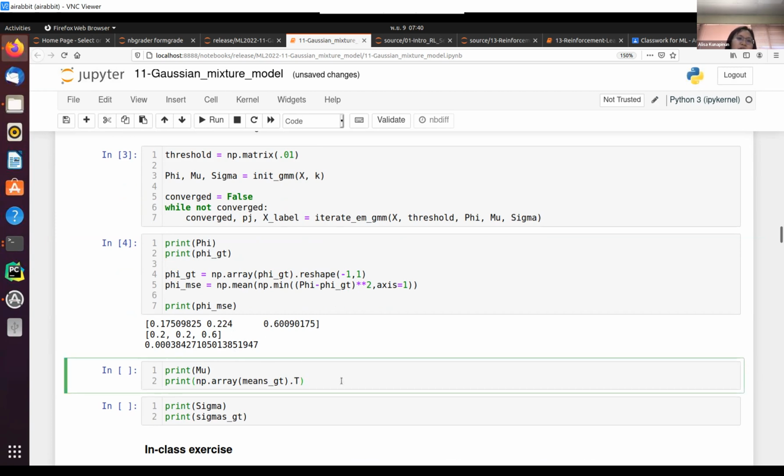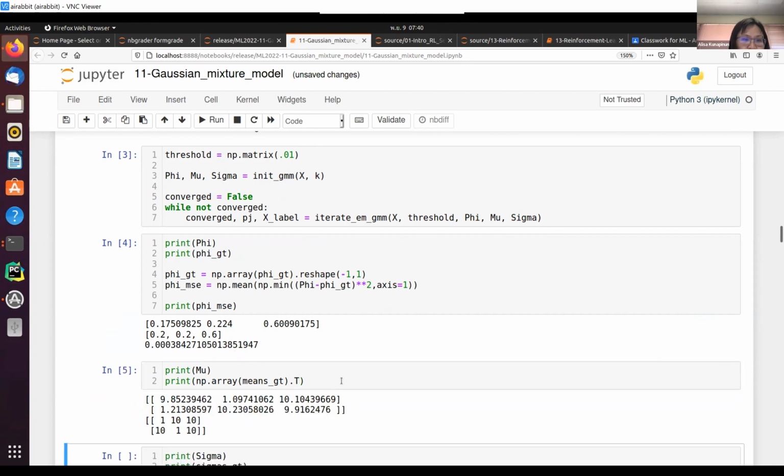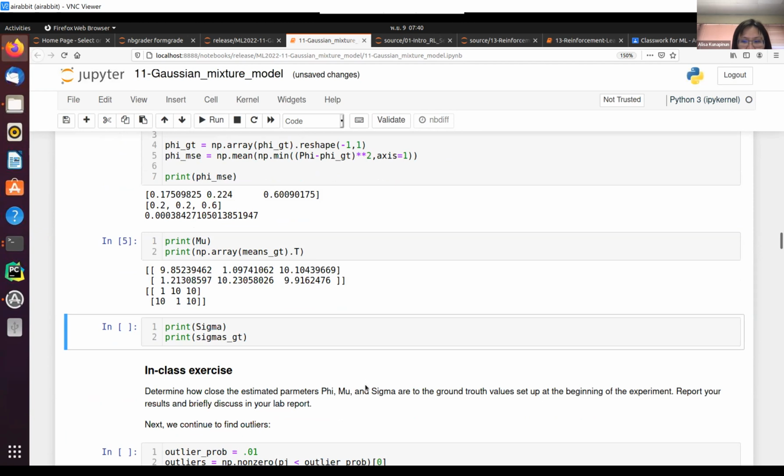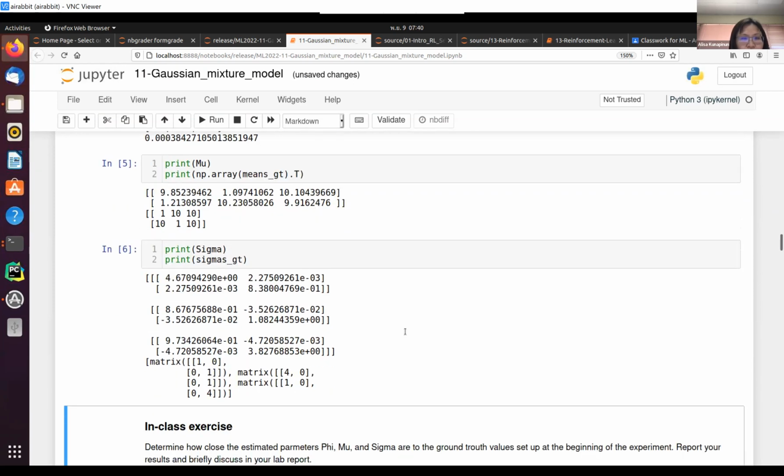This is the parameter inside here. It's not the same for everyone because we have random in different states. And here are the average and sigma like this.